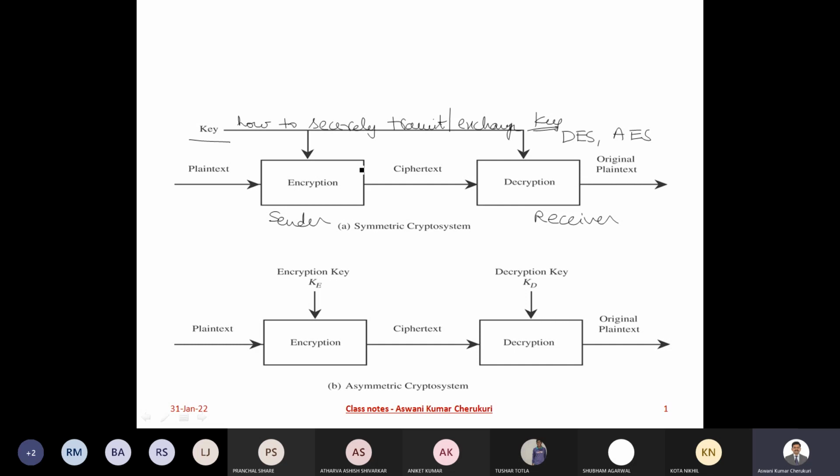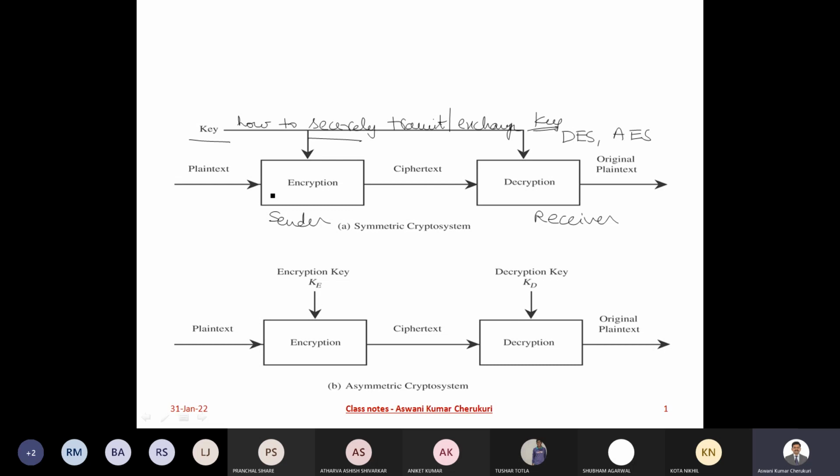So that has to be sent in a different channel. Either you can carry the key while going from hostel to your native place, or you can send that key via a different courier channel, so that once the box is delivered at your home, the key also comes from a different courier fellow. So back at home, someone can open the box with that key. That is the typical scenario of a symmetric crypto system. So the challenge is how we are going to securely transmit the key.